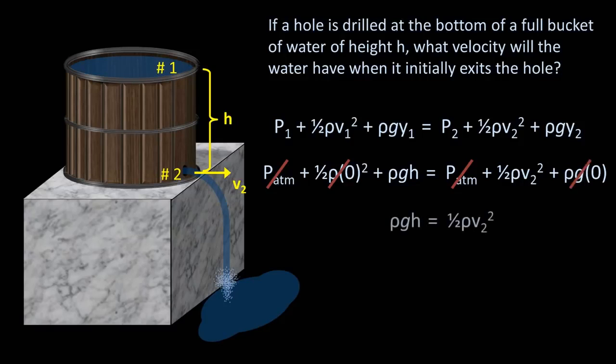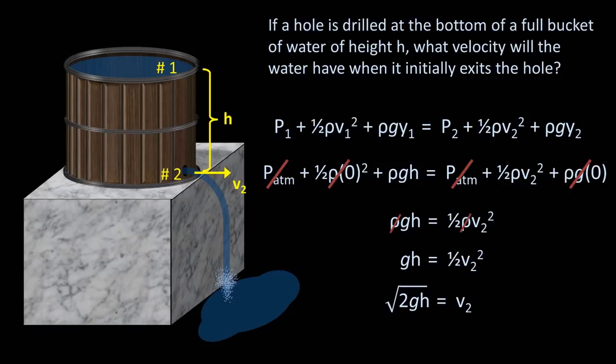This gives us density times little g times h equals 1/2 density times v2 squared. Densities cancel, and solving for v2, we find that it is equal to the square root of 2 times little g times h. There are a number of fascinating things about this rather elegant solution.